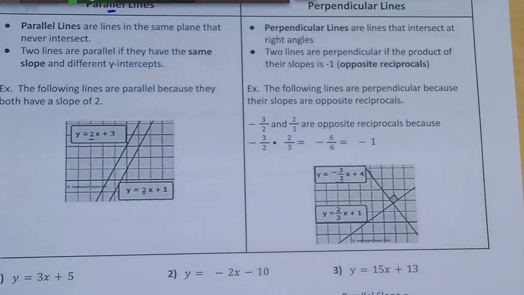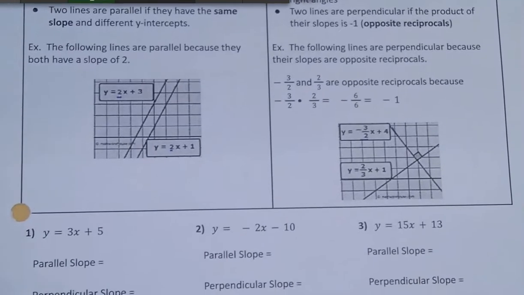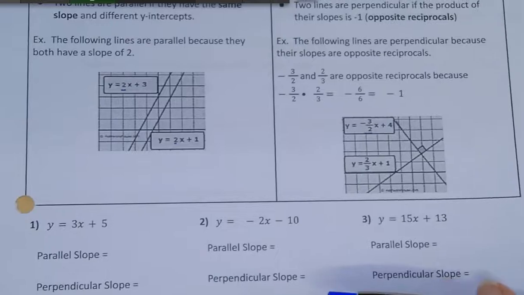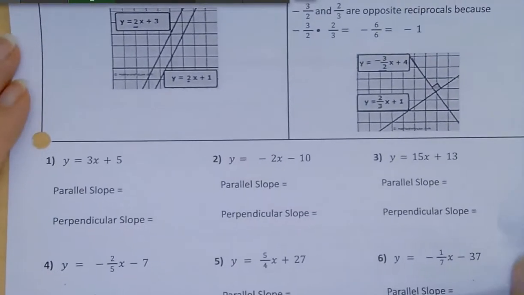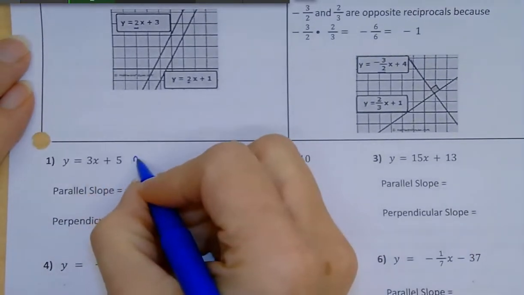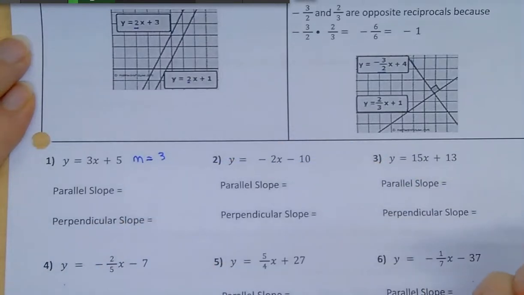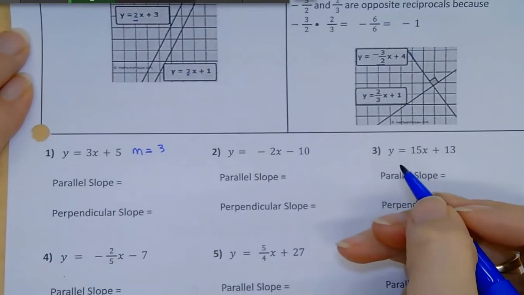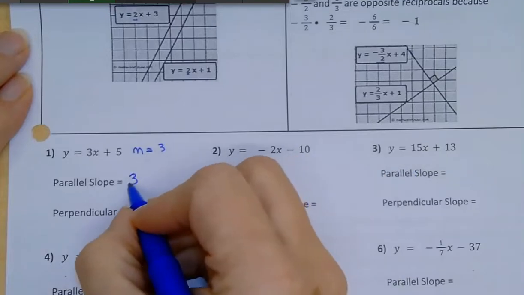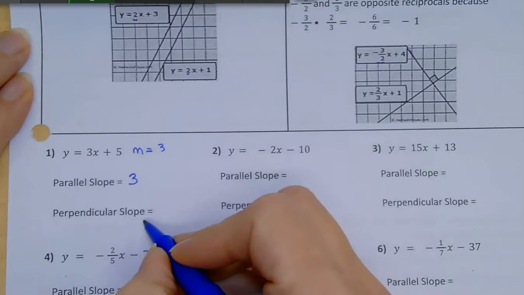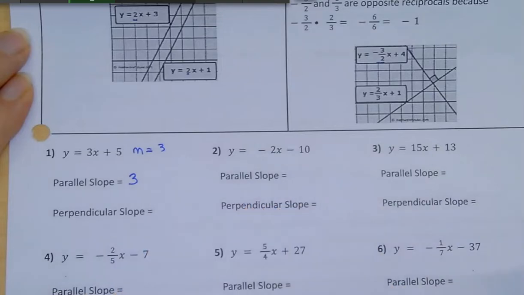All right, so we'll do some examples. If I'm looking at y equals 3x plus 5, first, I know my original equation here, my slope is 3, right? So a parallel slope has to be exactly the same. Any other line that has a slope of 3 is going to be a parallel line. If I want a perpendicular slope, I need the opposite reciprocal.